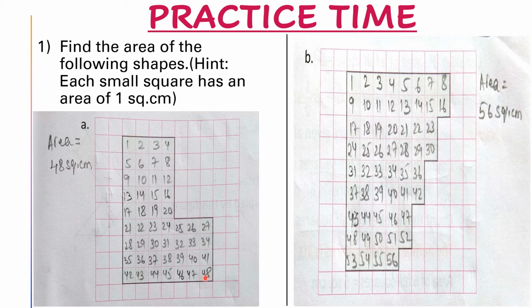It occupies 48 squares. As each small square has an area of 1 square cm, hence the area of the given shape is equal to 48 square cm.